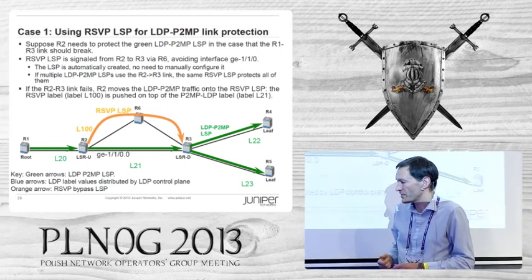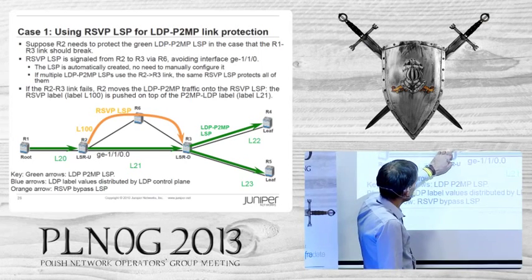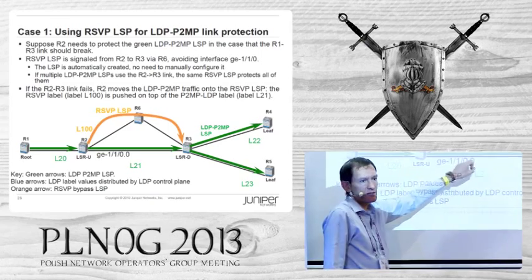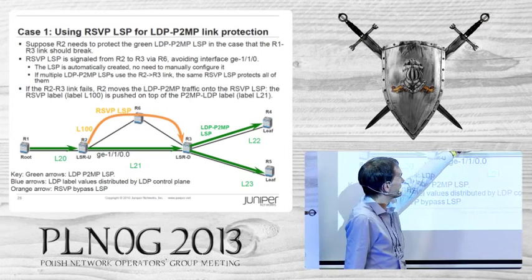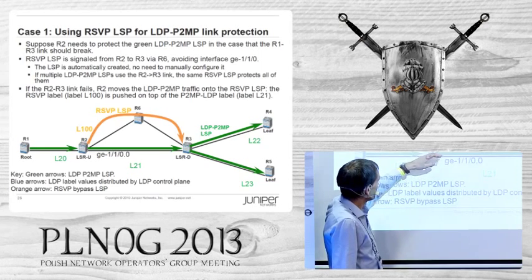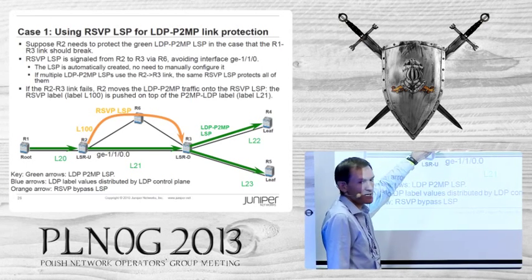And in terms of the label operations, the way it works is, suppose that the RSVP LSP, which is a point-to-point LSP, as you can see, on this link here, the label value assigned by R6 to R2 to use for this section of the LSP is a label value of 100.